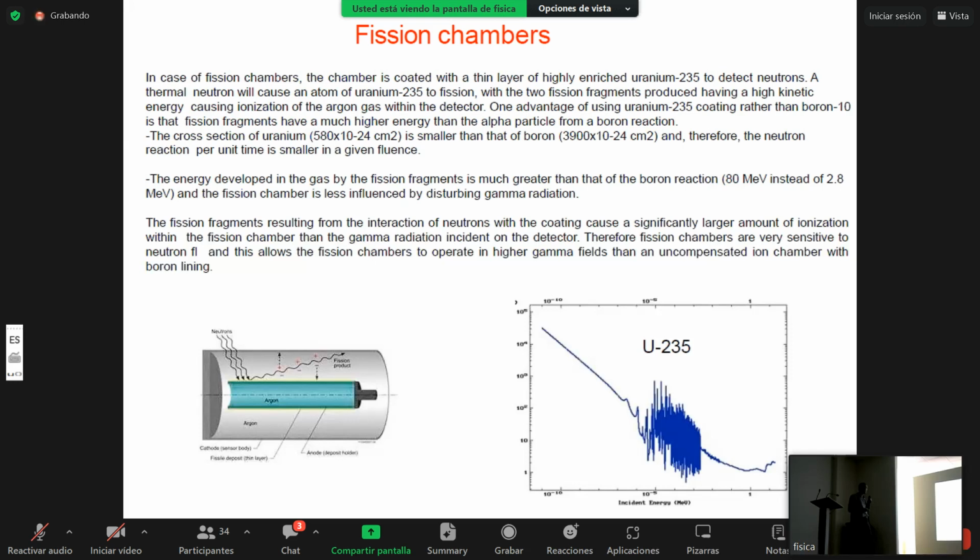The main advantage is that they don't even need proportional amplification and can be used in a simple ion chamber mode, without internal avalanche amplification, because the energy of these fission fragments is quite high compared to other neutron detectors.